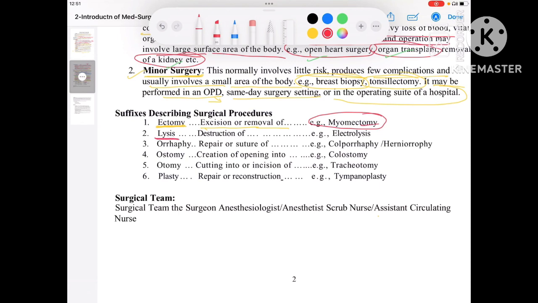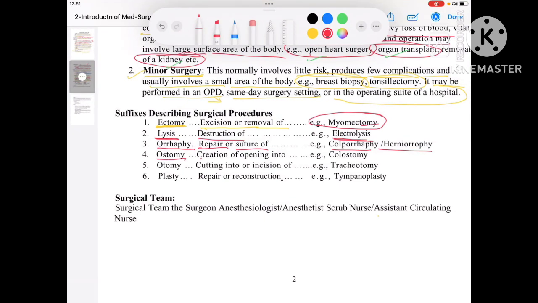It's breakdown or destruction, as in electrolysis, phagocytosis, embryolysis. Oraphy means repair, a suture, as in colporaphy and herniorrhaphy, a suture in again the repairing.